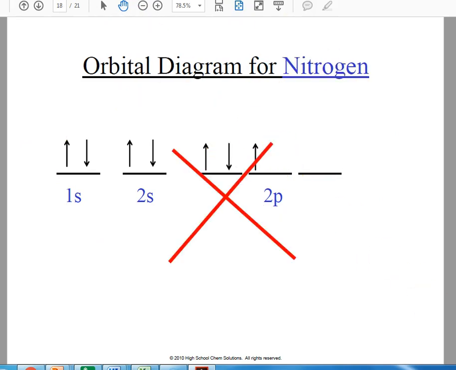All right, for nitrogen, nitrogen has 7 electrons, so that's 1s2, 2 electrons with opposite spin, 2s2, 2 electrons with opposite spin, 2p3. So we have 2p orbital, we have 3 orbitals there because 2p has 3 orbitals in that sublevel, and there's 3 electrons.